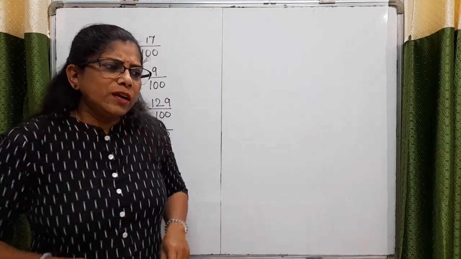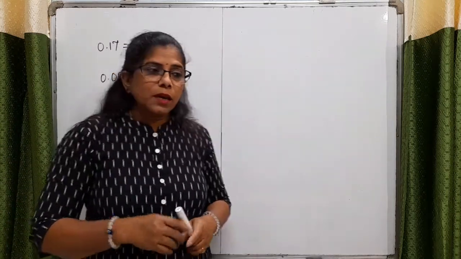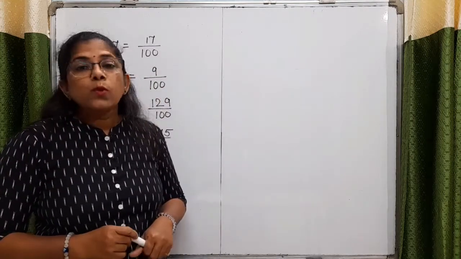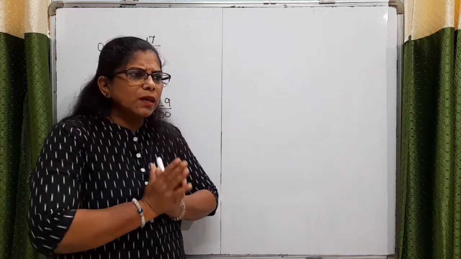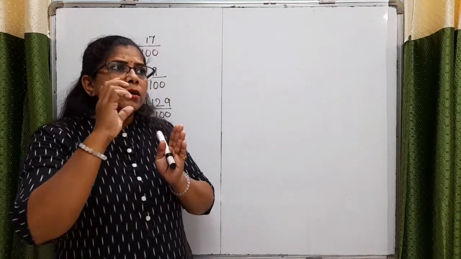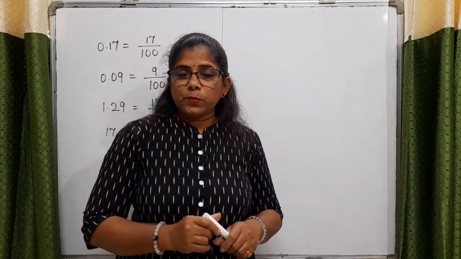Now each and every time we may not get a denominator of only 10, 100, 1000, 10,000 or something like that. If it is something different, what to do? How to write that fraction in the decimal form? Here, part of this I will explain in this video.